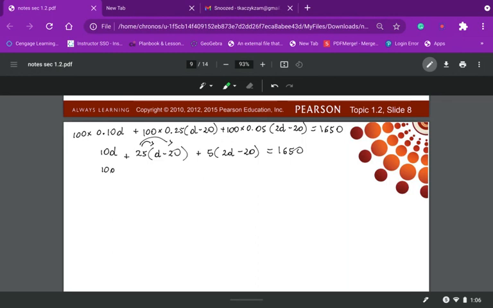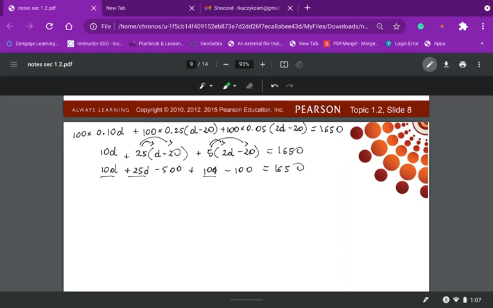So 10D plus 25D, then 25 times 20, which is 500, so minus 500, plus 10D minus 5 times 20, which is 100, equals 1,650. Combine like terms.